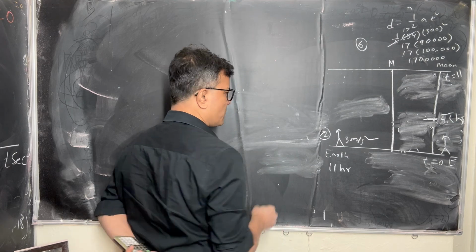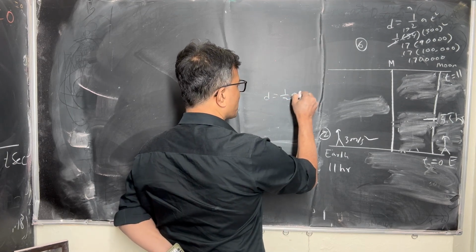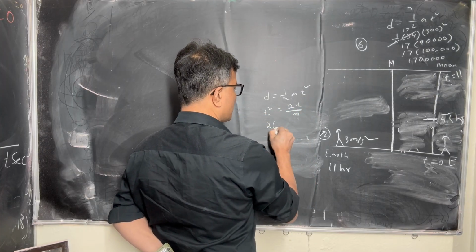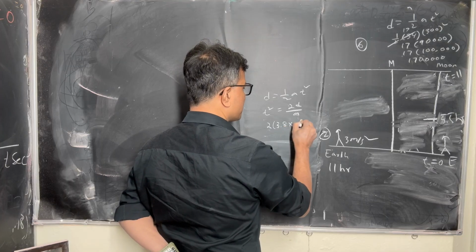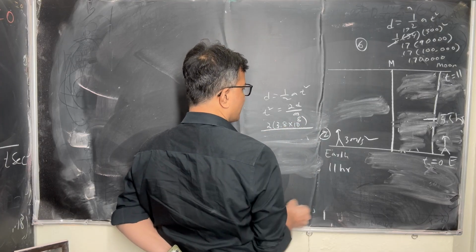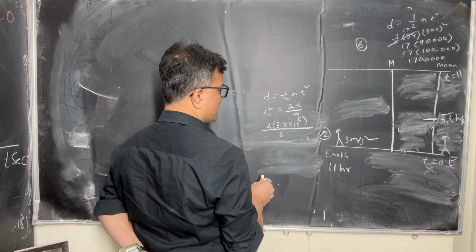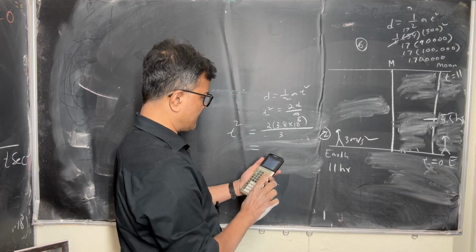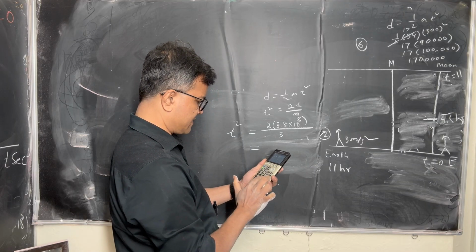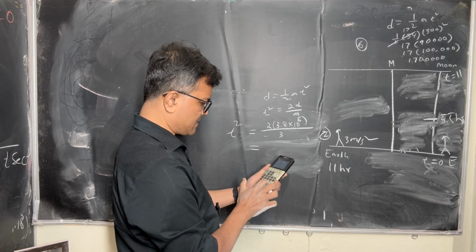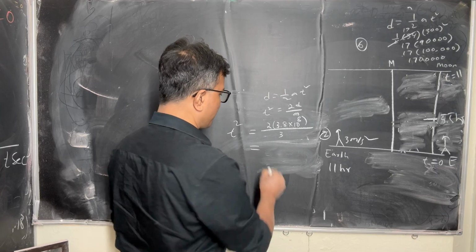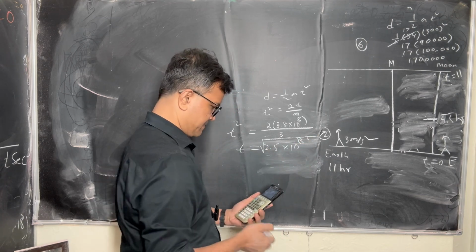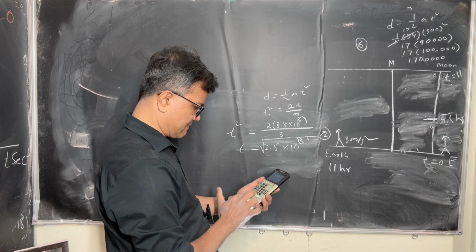This is very easy now. D is equal to half At squared, so t squared is equal to 2D over A. So 2 times 3.8 times 10 raised to 8 meters, acceleration is 3. So t squared is 7.6 times 10 raised to 8 divided by 3, about 2.5 times 10 raised to 8.